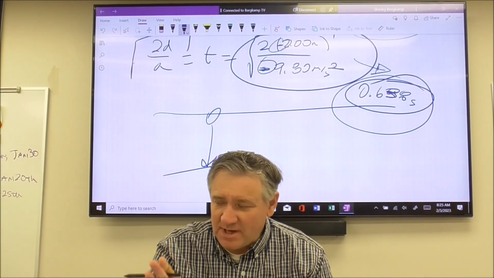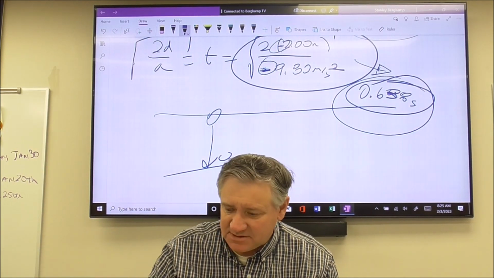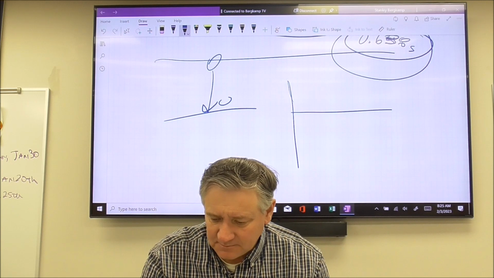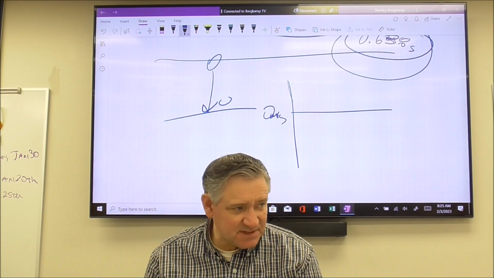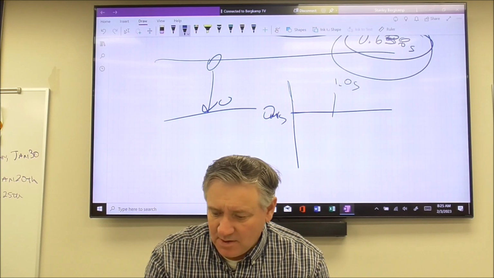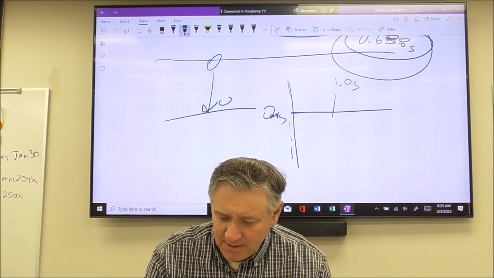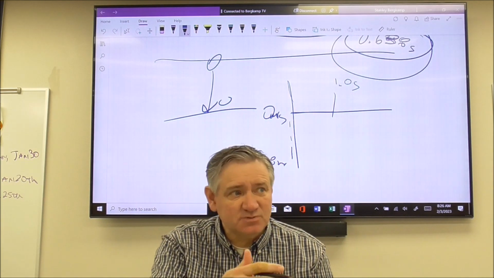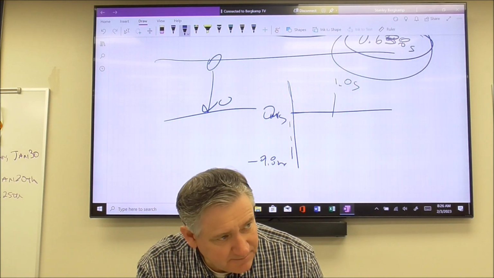Remember, acceleration is the rate at which your velocity changes. So if you look on your velocity time graph, if you start at 0 meters per second, if you go over 1 second, you're going to go down negative 9.8 meters per second. That's what that acceleration means, okay?